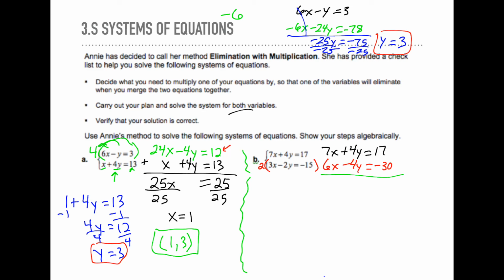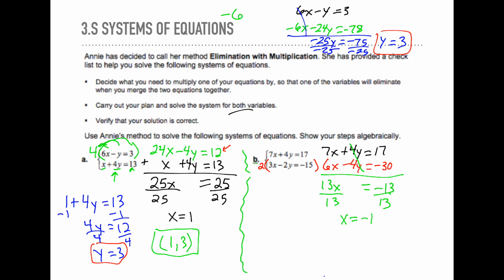So now when I eliminate this, I get 13x. My y's are going to eliminate. And that's going to equal a negative 13. Divide by 13 on both sides, and I get that x is equal to a negative 1.